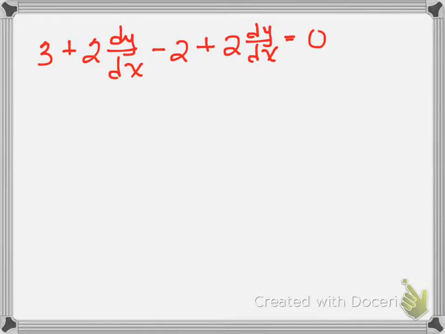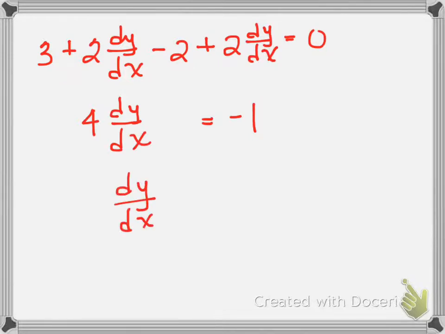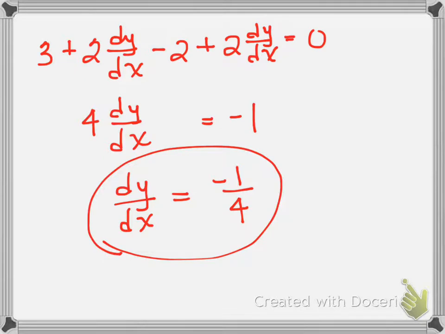Okay, here's the simplification. Let's solve for dy dx. 3 minus 2 is 1, and move it over to the right side. So I get negative 1 equals 4 dy dx, and so dy dx equals negative 1/4. What does that say? It says at the point negative 1, 1, the instantaneous rate of change is negative 1/4, or the slope of the tangent line is negative 1/4.